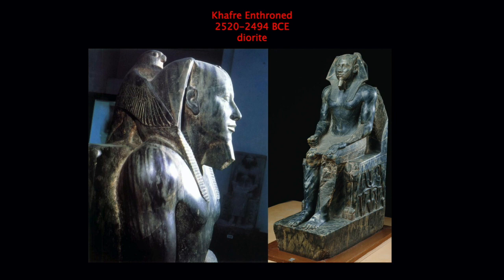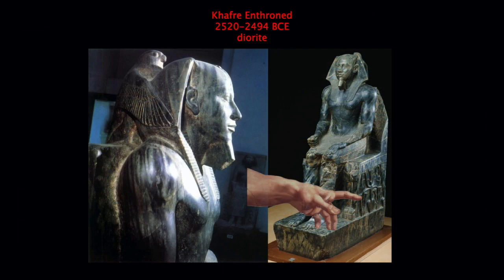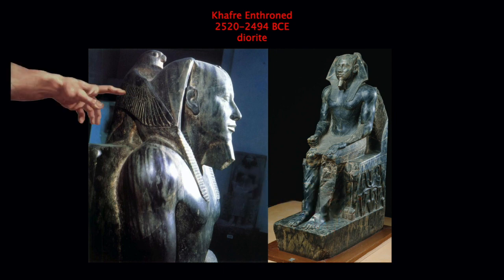In addition to those other things of kingship, you have lions on either side of this throne. And those lions represent power. We've seen that already, right, with Babylonians, Persians. And then you also have lotus and papyrus on the side, and those represent the unification of Upper and Lower Egypt. Horus is that falcon that's kind of cradling his head, and he protects Khafre.